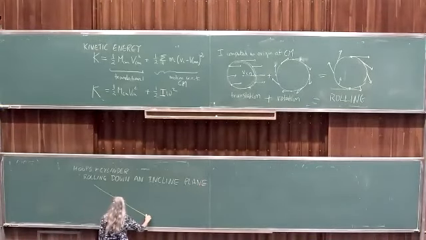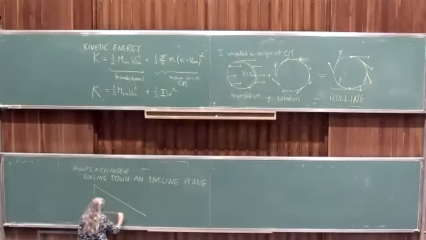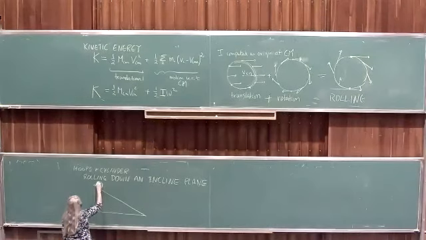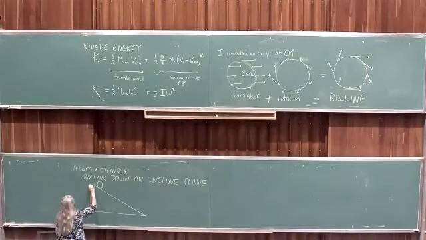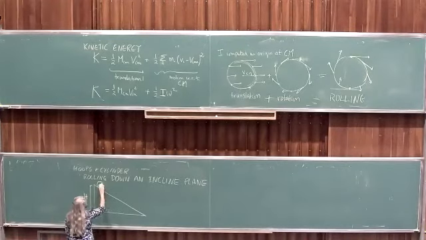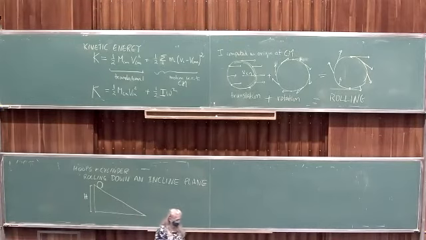So the problem is this. We start something up here, and this is a distance h, and it's going to roll down, and then we're going to look at the velocity when it gets down to the bottom.